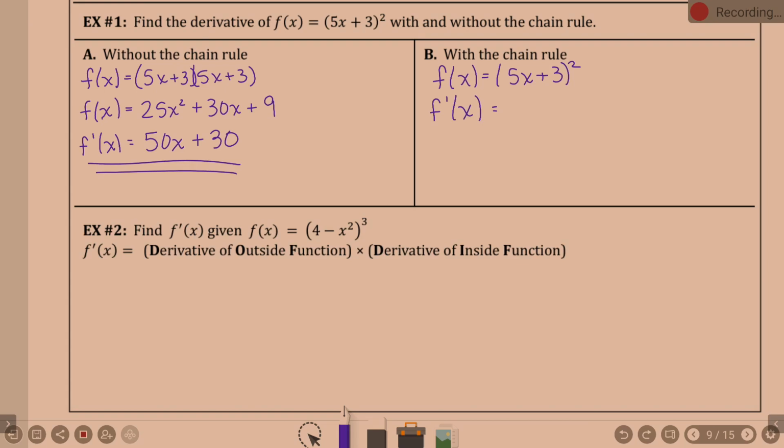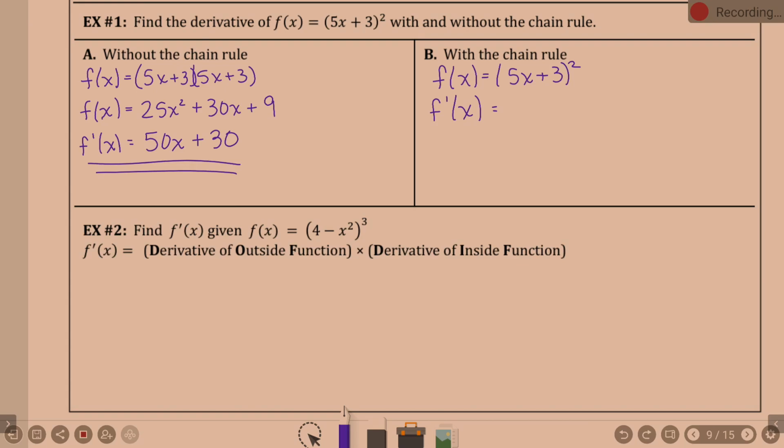The chain rule, if you looked up above, first said f prime of g of x, which means the derivative of the outside. We leave the inside the same. So as you look at this, what is the outside function that's going on here?